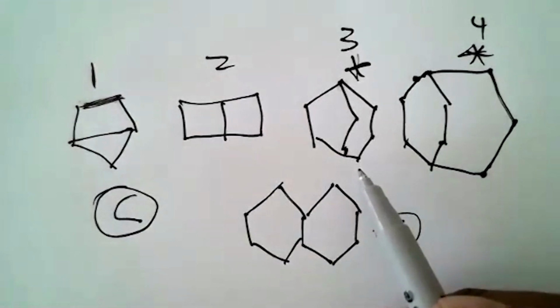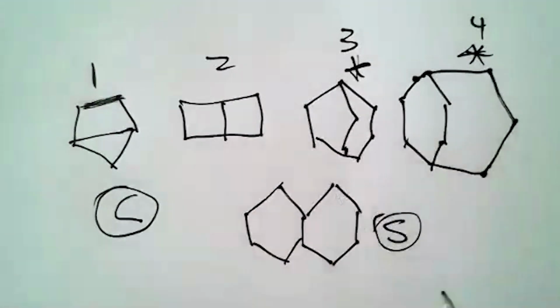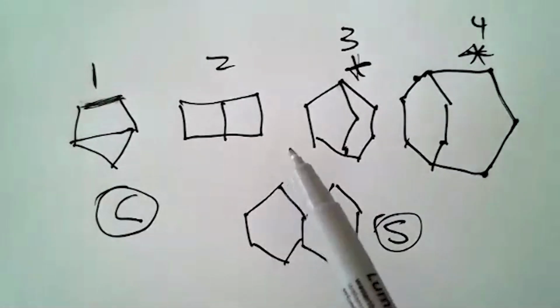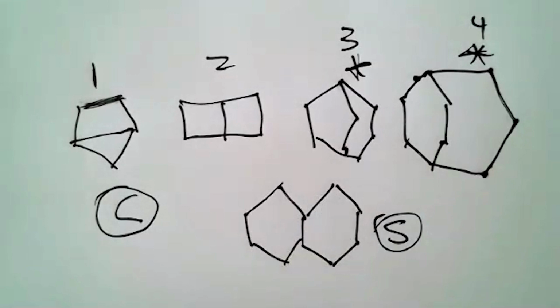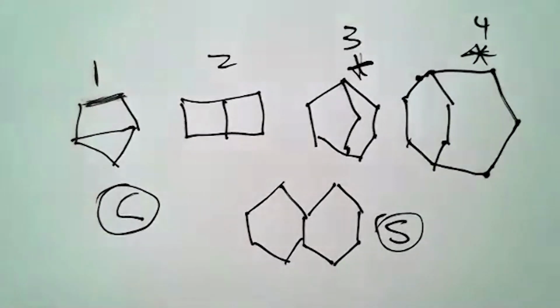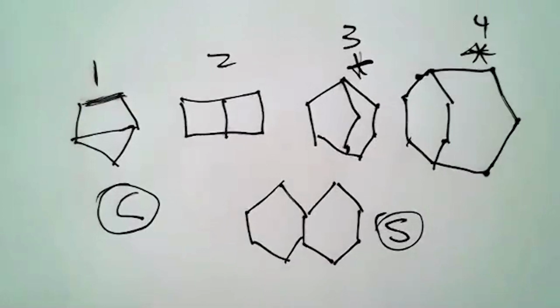Then number 3. Yes, I think we have somebody already who's got that, but perhaps not counted the carbons correctly. Yes, Harjo, if you can recount those carbons. Okay, so yes, we've got some heptanes coming in.